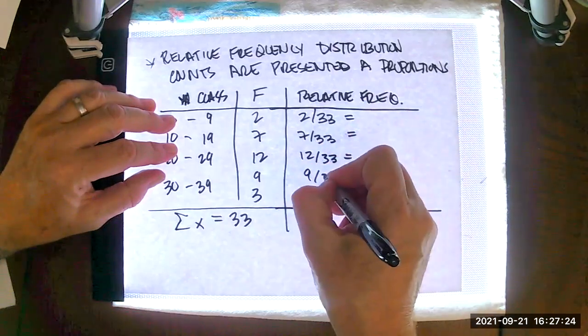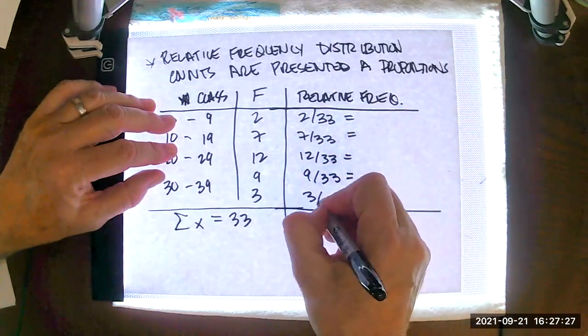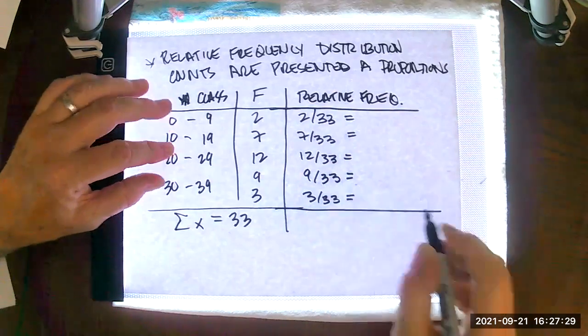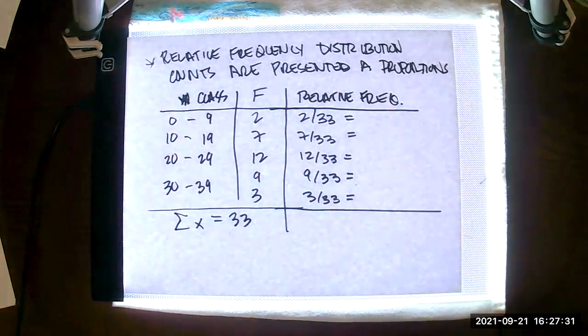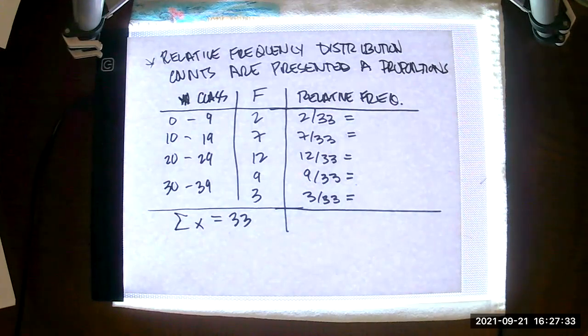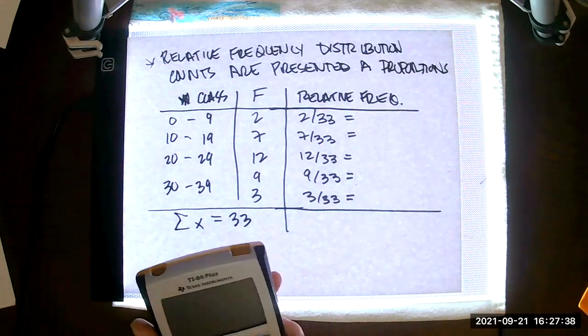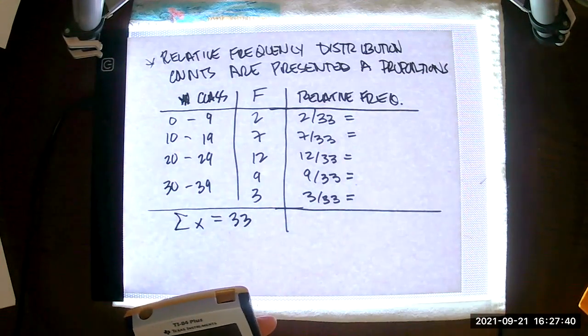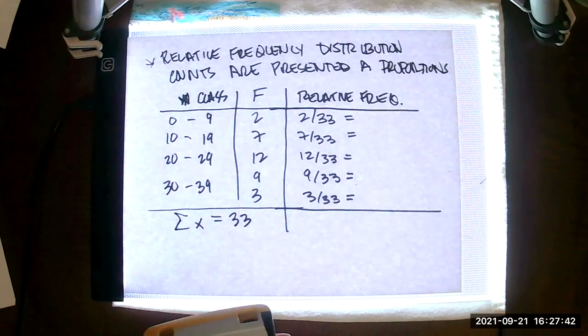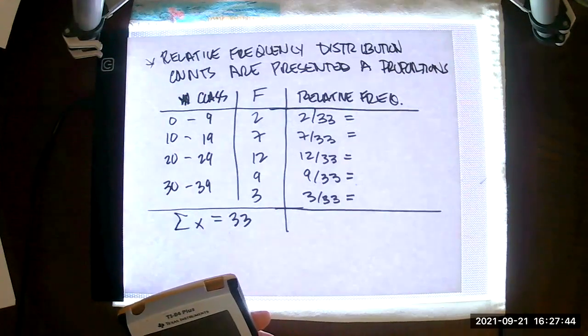Rounding can vary, but your calculator will find these at the drop of a hat. By the way, I'm going to round these to 3 decimal places. I usually provide the rounding rule for this type of thing.